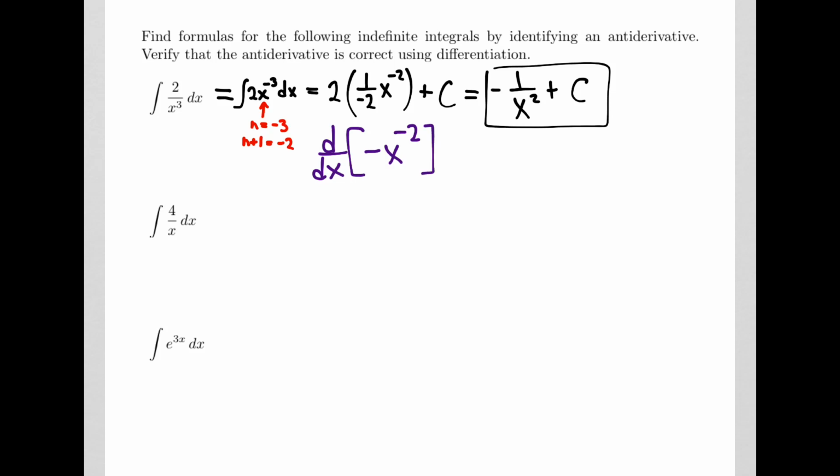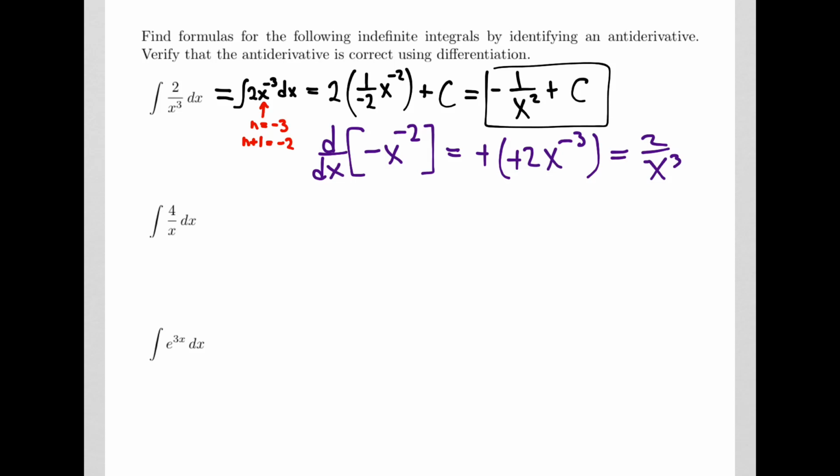The constant doesn't matter, the derivative of a constant is 0. I get negative 1 times negative 2x to the negative 3, and the negative signs cancel. I'm left with 2 over x cubed, and that matches my original integrand. So we have the right derivative.